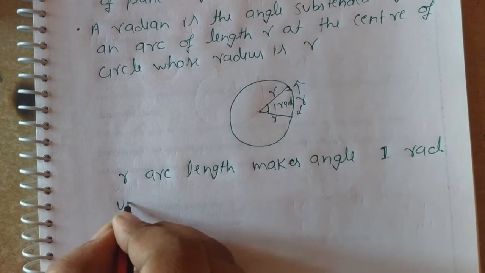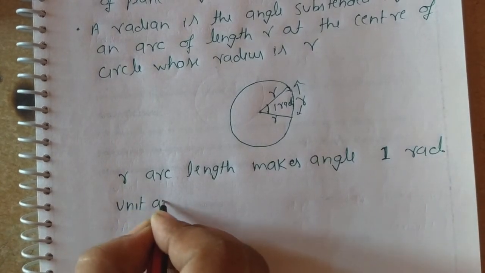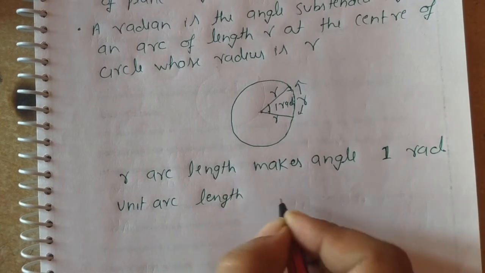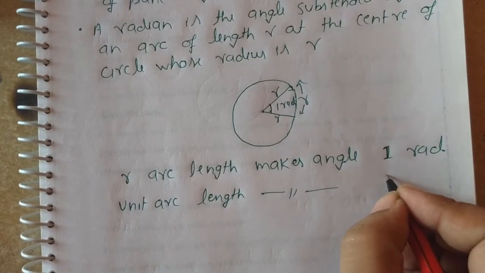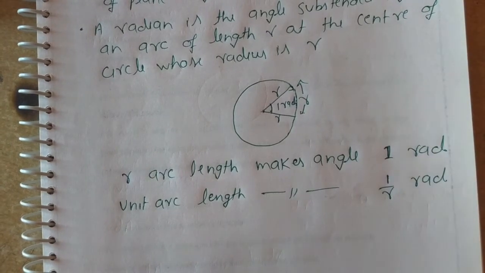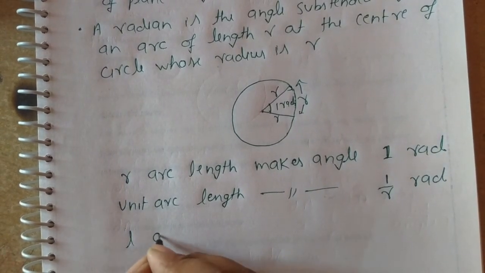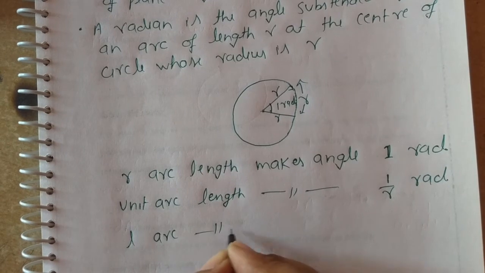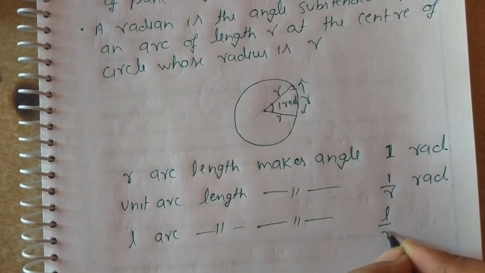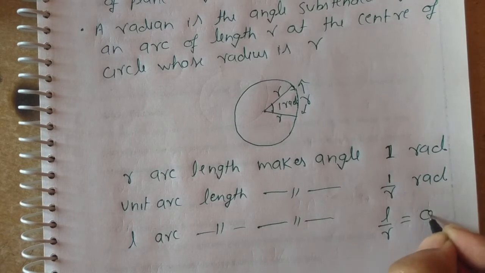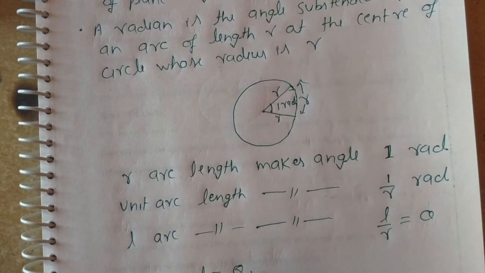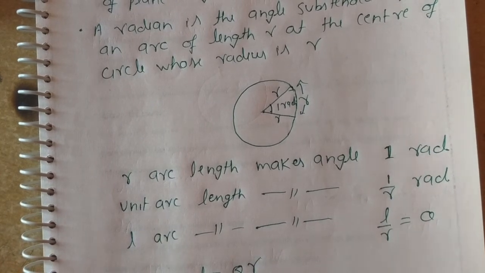So unit arc length makes angle of 1 by r radian, or L arc length makes an angle of L by r, that is equal to theta. So we can write here L equal to theta into r.